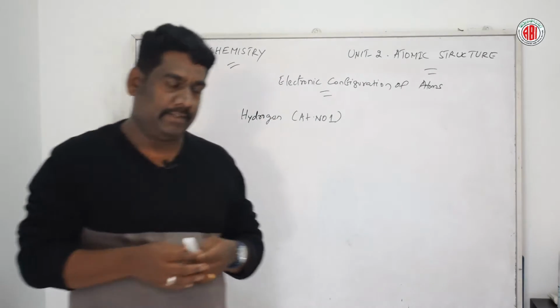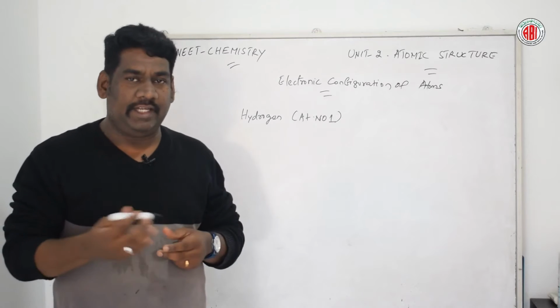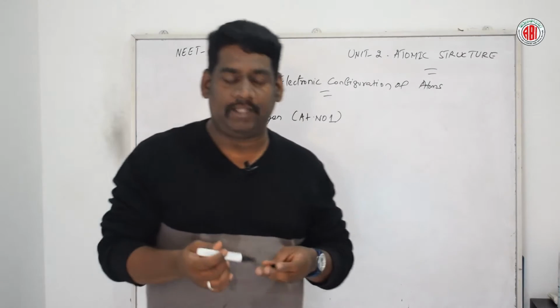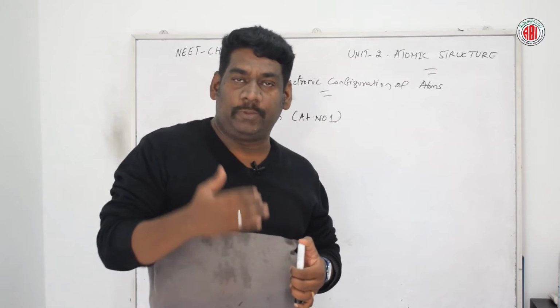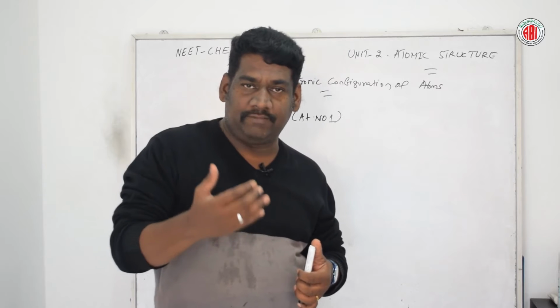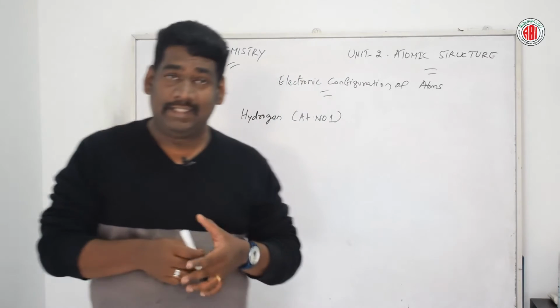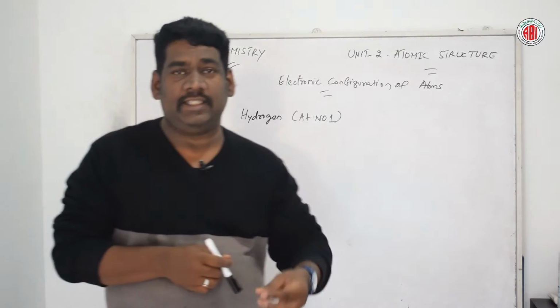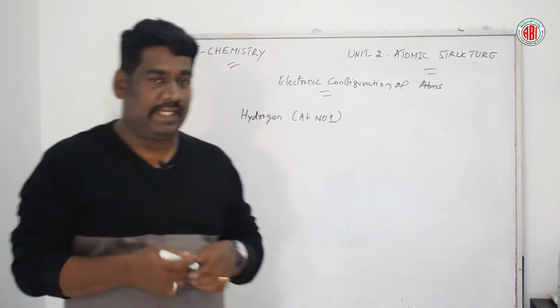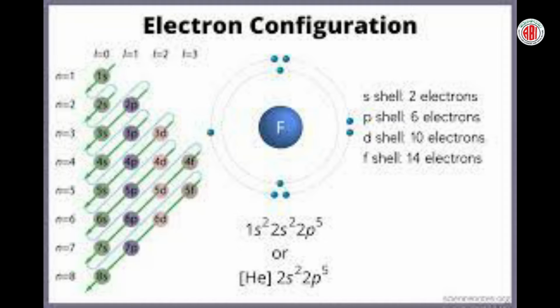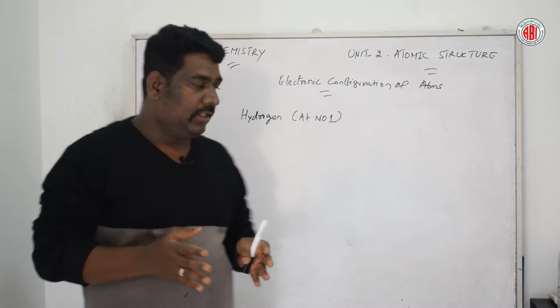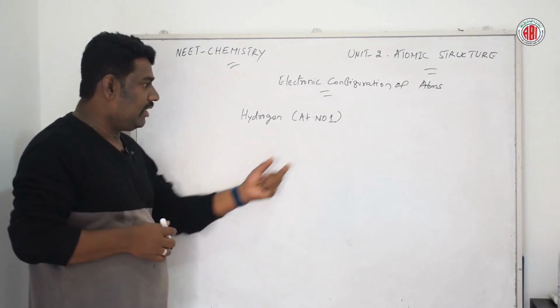According to the Aufbau principle, electrons fill the lowest energy orbitals first, and then the higher energy ones, and each should be filled totally.